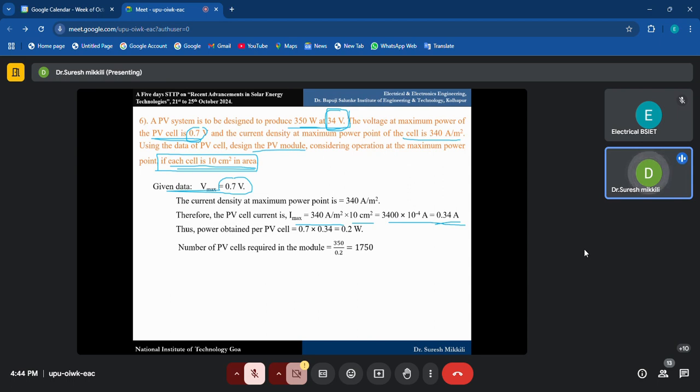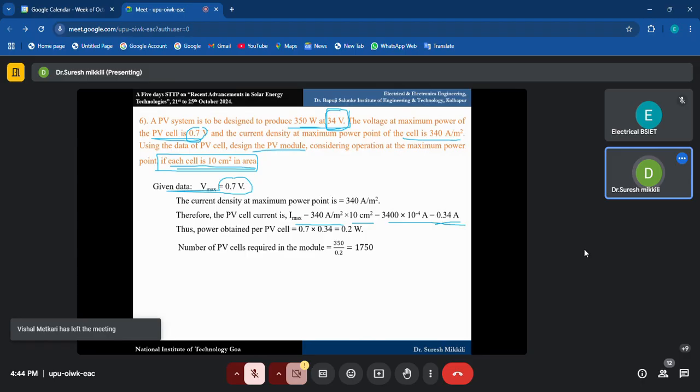Number of cells in series will be total voltage by per cell voltage. How much are you getting?